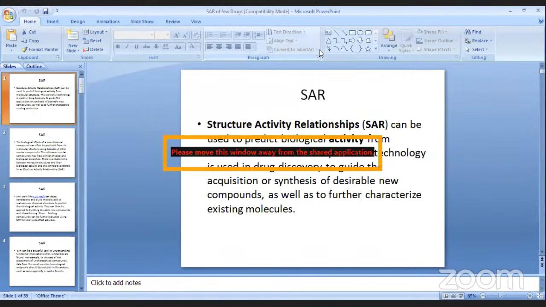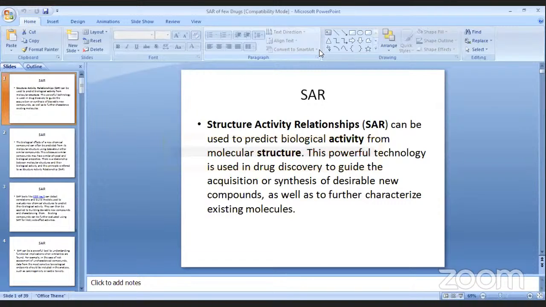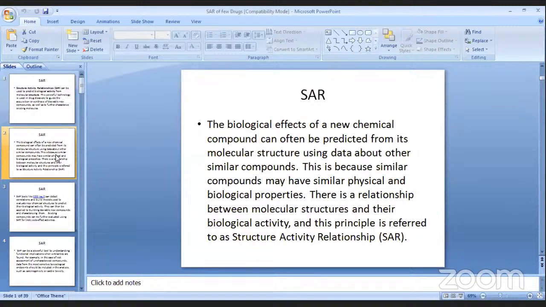Because whenever you are going to write any structural activity relationship, some of the important points, one by one I will clarify. And this time we are having this type of relationship between the structure of the compound and its biological activity.